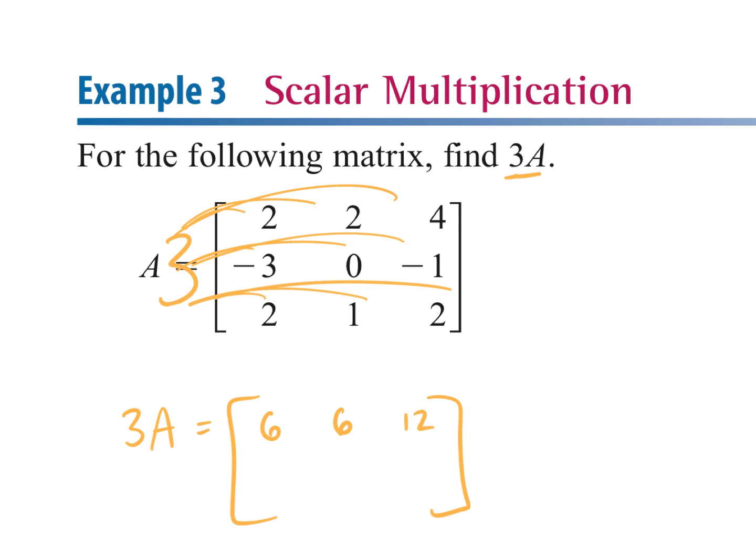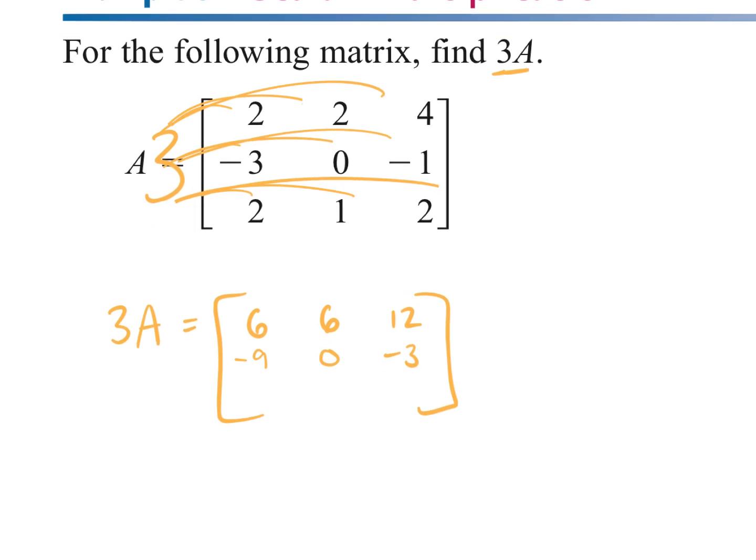And then 3 times -3? -9. 3 times 0? 0. 3 times -1? -3. 3 times 2? 3 times 1? And 3 times 2? Awesome. So this would be our new matrix.